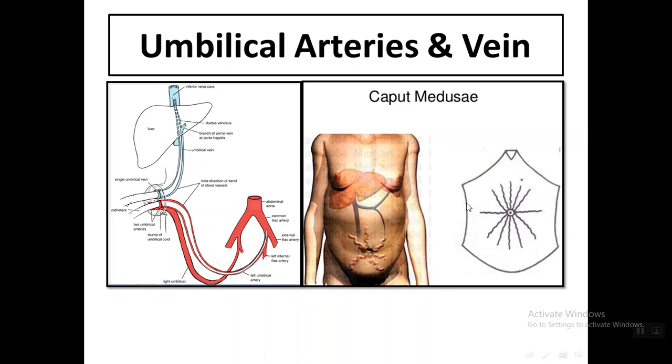This is a condition caused by the congestion of the para-umbilical veins, due to this connection through the falciform ligament. As we know, the falciform ligament connects the hilum of the liver to the umbilicus. It is a double layer of peritoneal connection in between the anterior surface of the liver and the umbilicus.